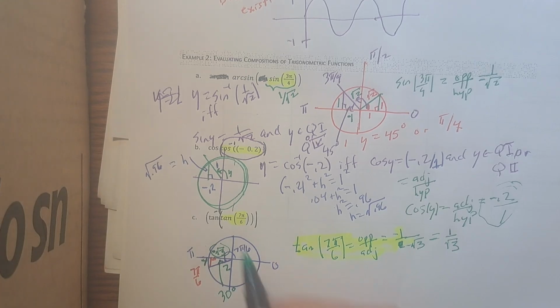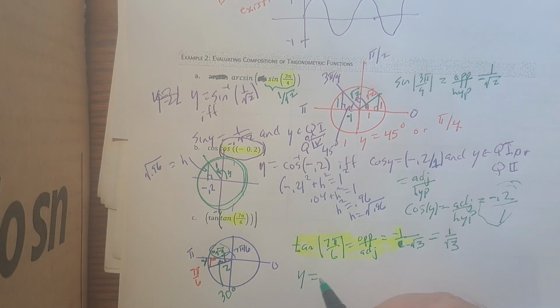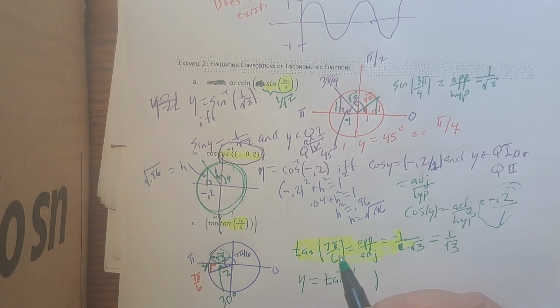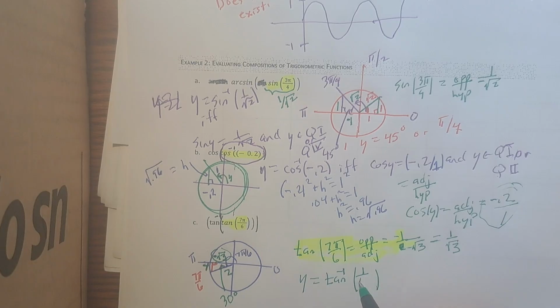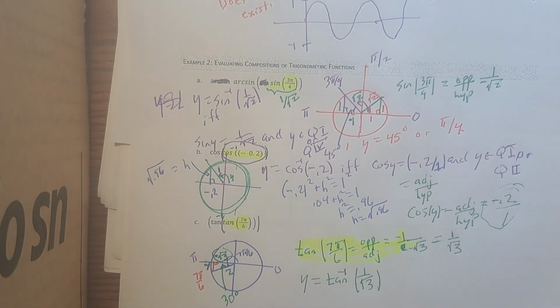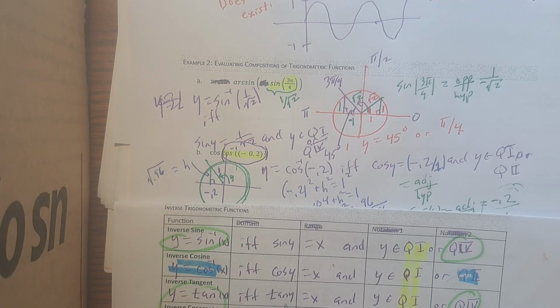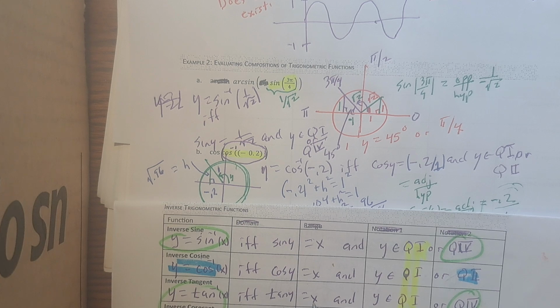All right, so now that we know that, we can figure out y, which is the inverse tangent of the tangent of 7 pi over 6. So that's the inverse tangent of 1 over the square root of 3. But the inverse tangent of anything means that the tangent of the angle is equal to the value.